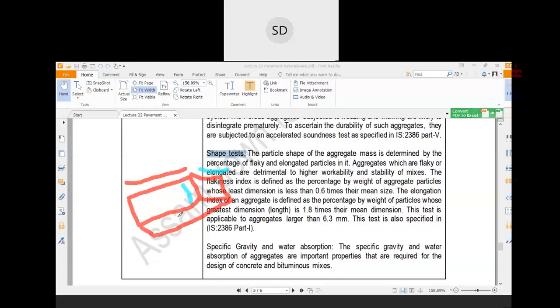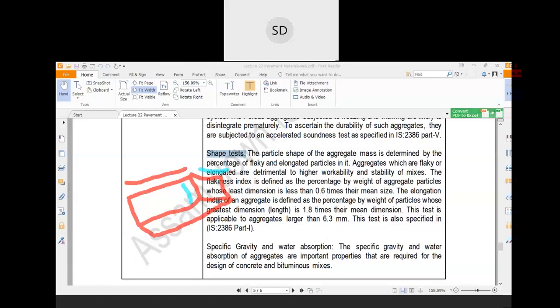Now in the flaky aggregate, what happens, the depth would be very thin, or very less. Okay, so the definition of the flaky aggregate would be the aggregates whose least dimension, here least dimension is the depth, is lesser than 0.6 times the mean dimension.